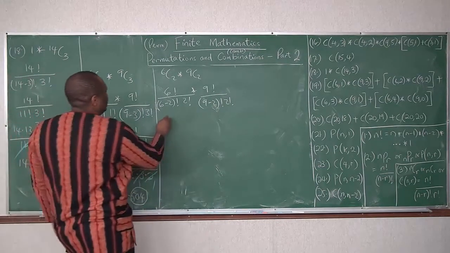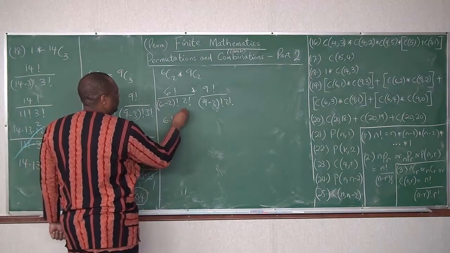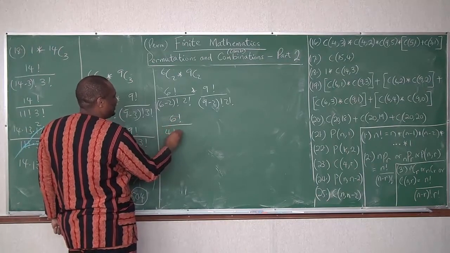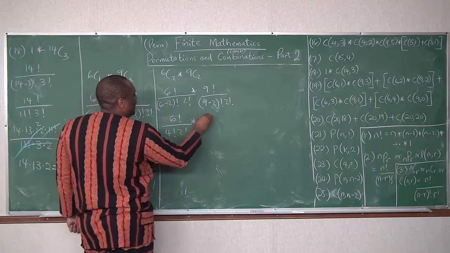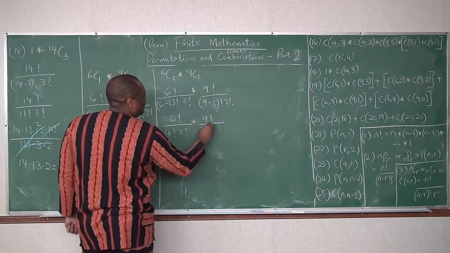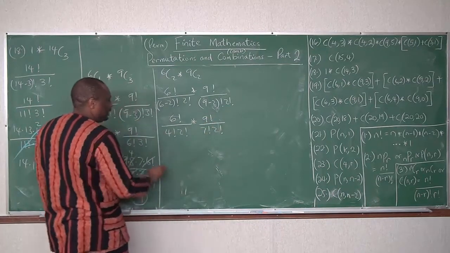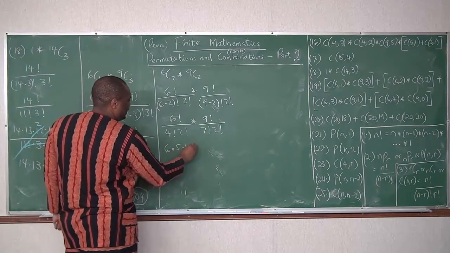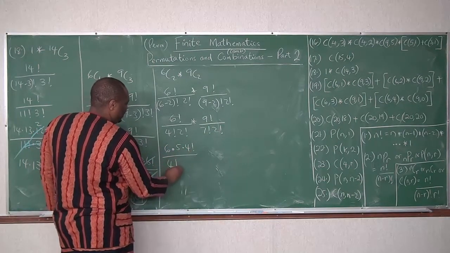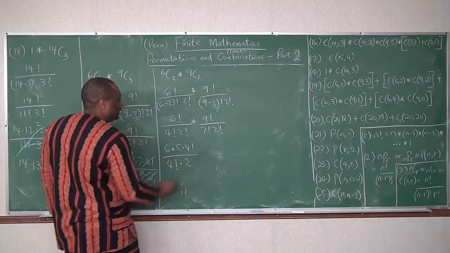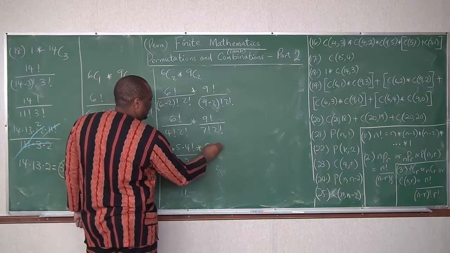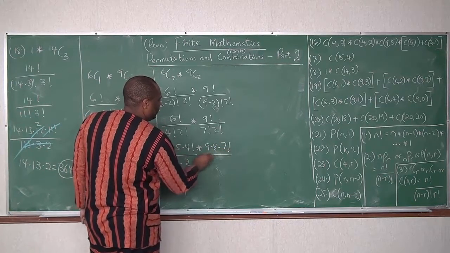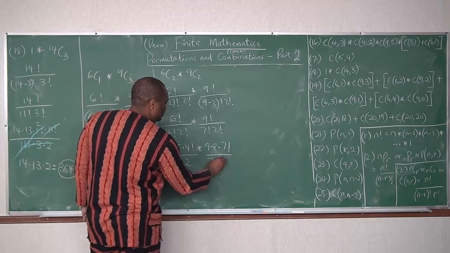So this will be 6 factorial over 4 factorial, 2 factorial, times 9 factorial over 7 factorial, 2 factorial. This is 6 times 5 times 4 factorial over 4 factorial times 2, then times 9 times 8 times 7 factorial over 7 factorial times 2.